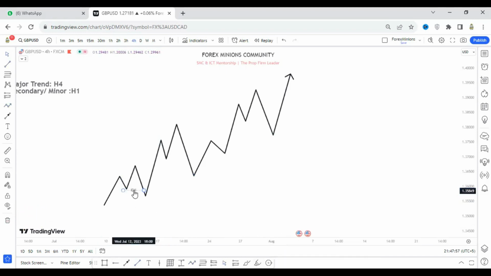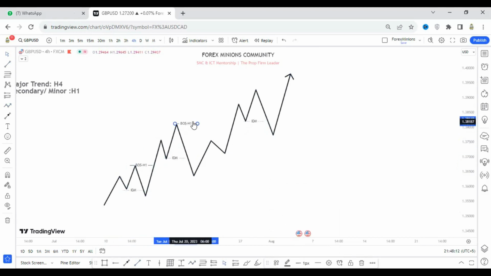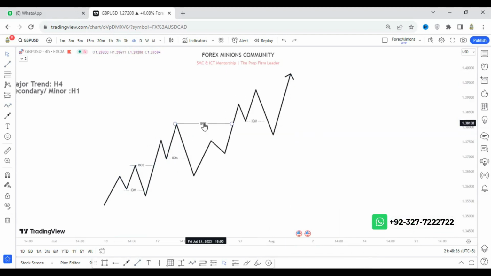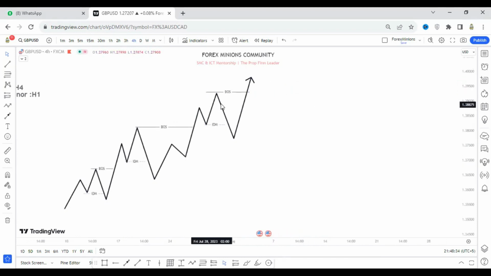Whenever the market takes out inducement, this will be our breakout structure. And if a candle closes below, then we will mark it as a swing high. This is also a breakout structure. Now, when the trend is bullish, we need to mark the breakout structure and swing highs and swing lows.